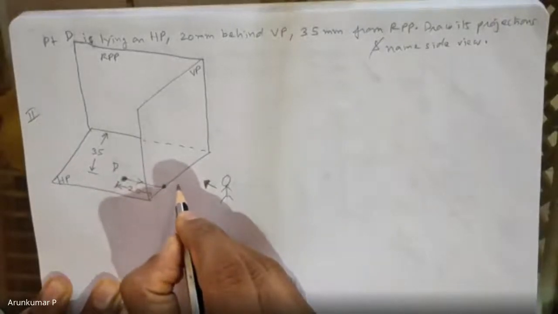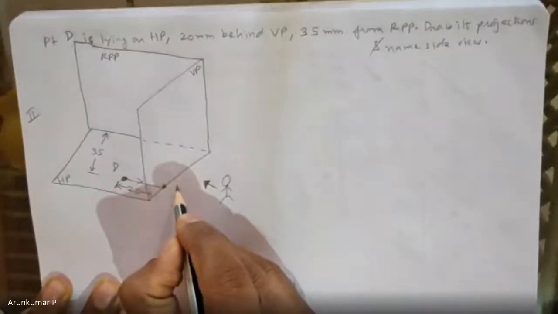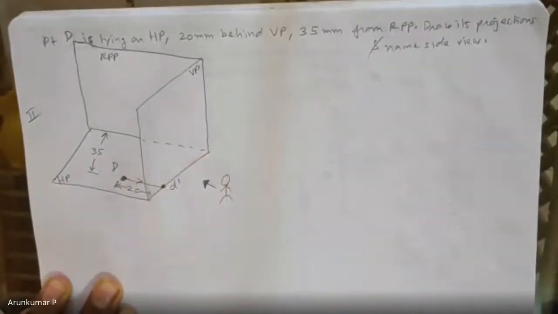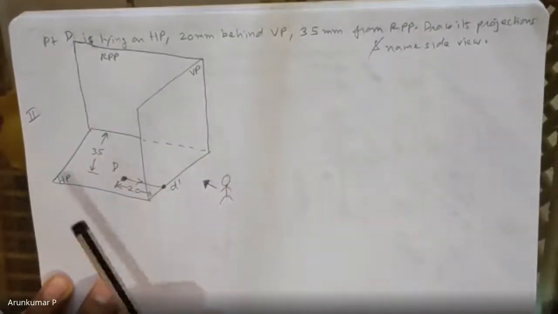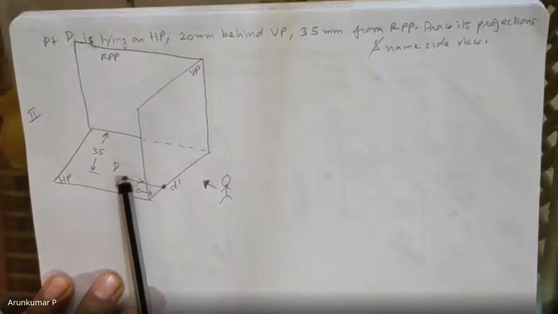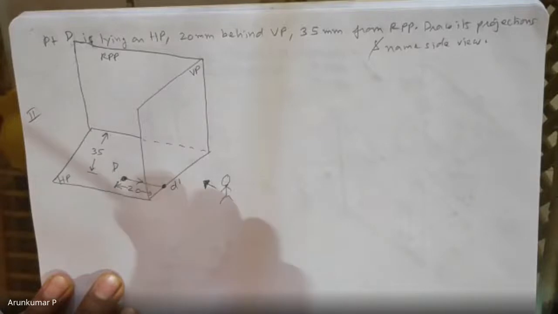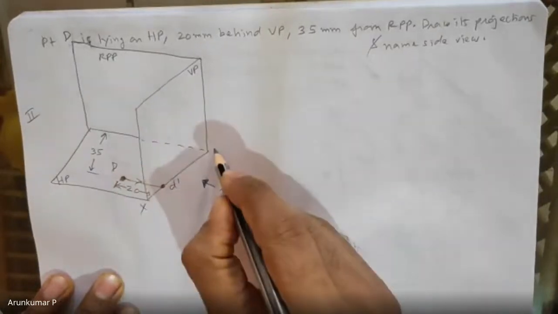So this is the front view. Okay, now can you observe where is the front view coming? On the XY line.